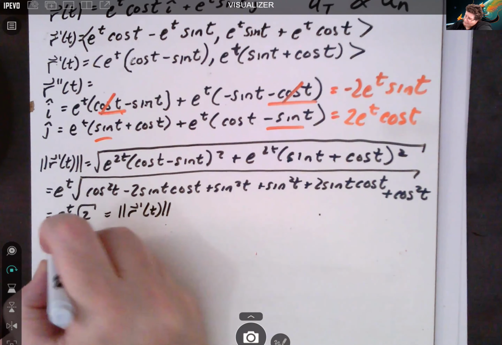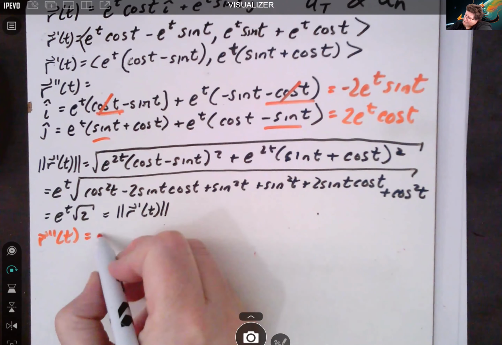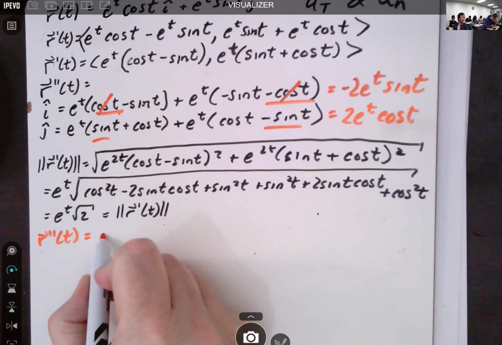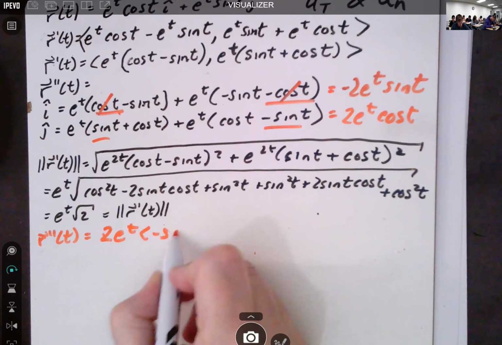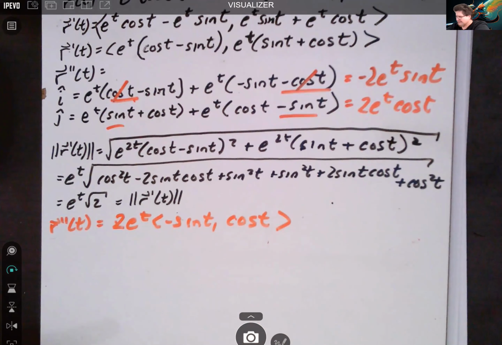R double prime is looking a lot better now if you stop to clean it up. That's much prettier. That's going to make doing our next step a lot easier.